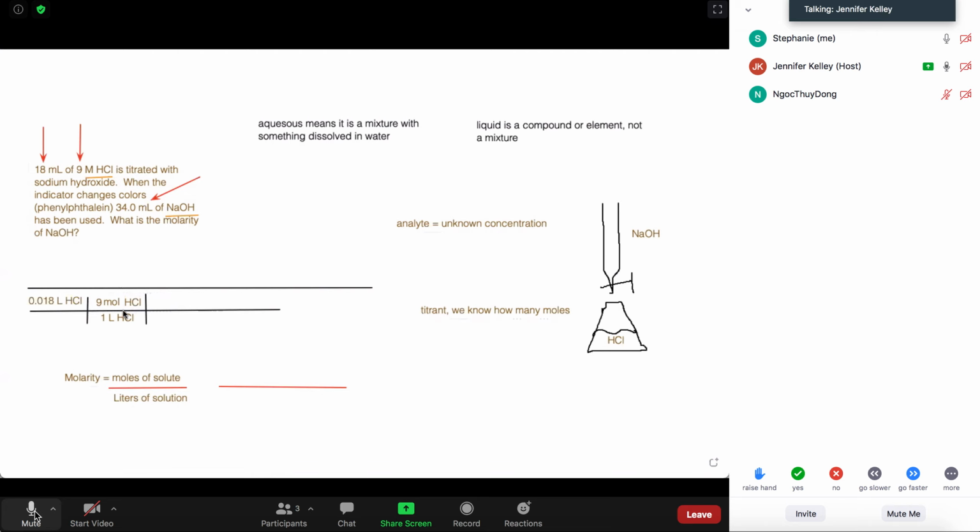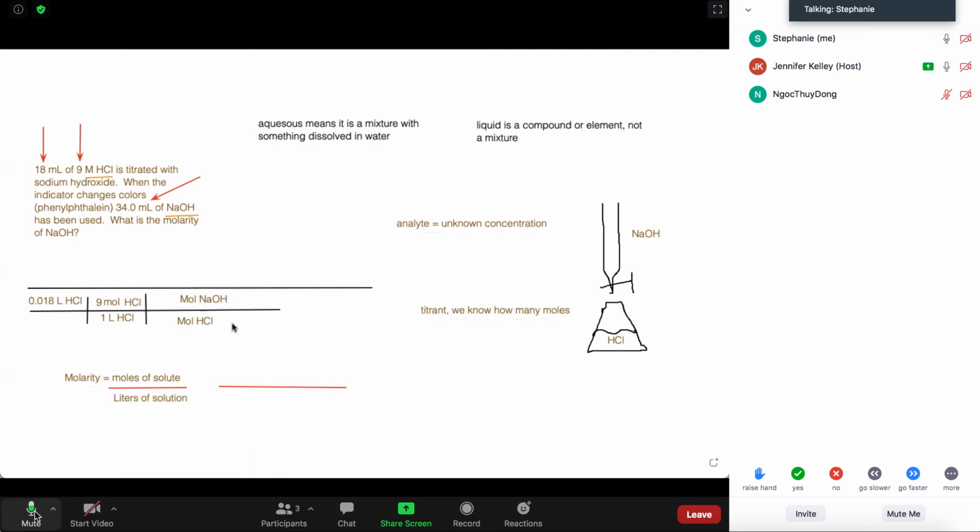And then we need to go from moles of HCl to moles of sodium hydroxide. All right, and how would we do that?